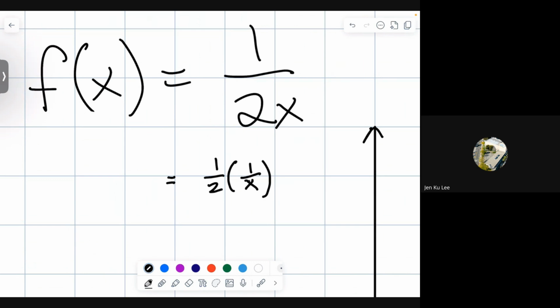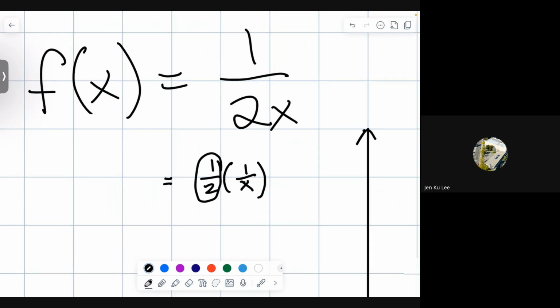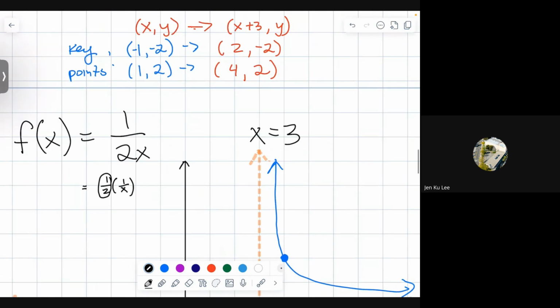So make it into a vertical compress instead of a horizontal stretch. And then go from there. Cool.